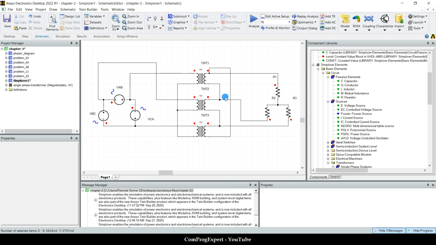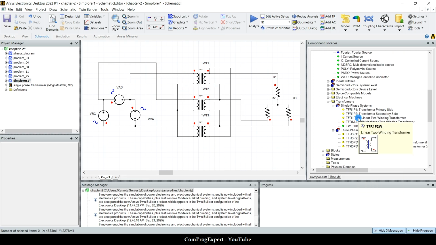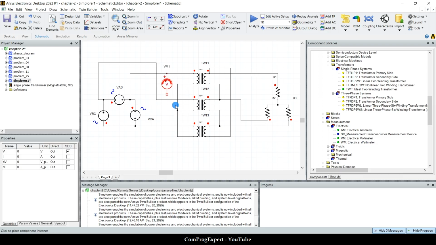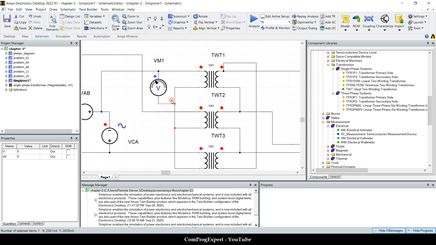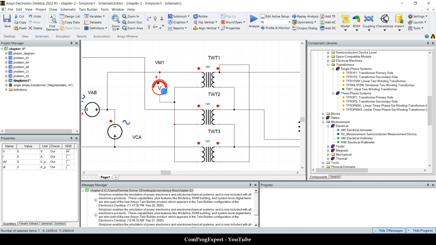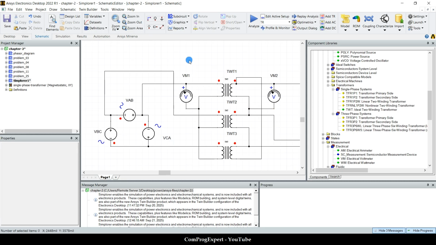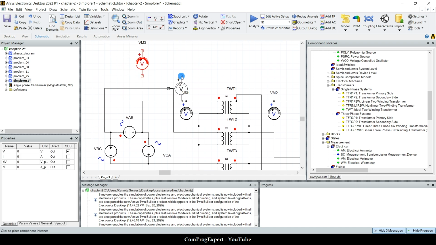So how much is the value of the phase voltage? Let's measure it and use this electrical voltmeter, yes, to measure the voltage of the primary coil. For the first single-phase transformer, here I want to measure the voltage of the primary coil, and also we can measure the line-to-line voltage.